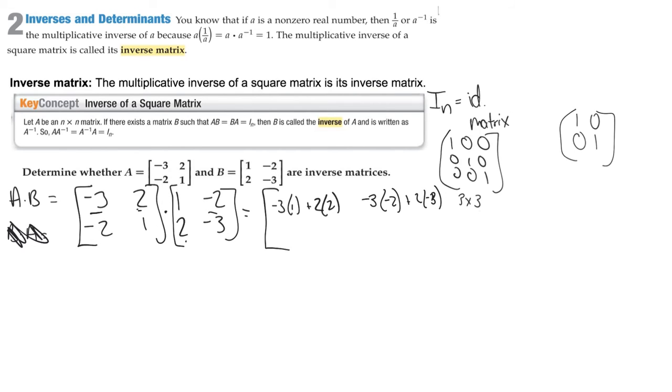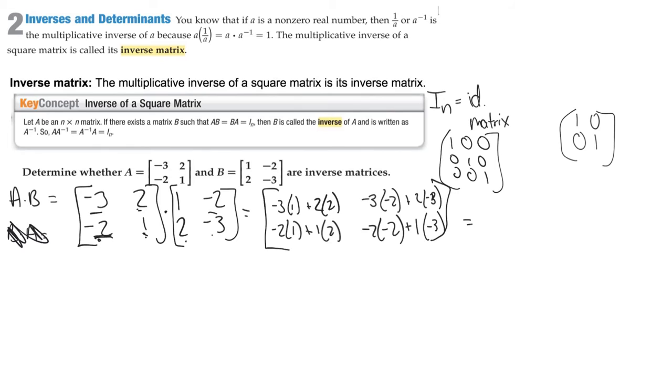And that covers our top. Now the bottom row, negative 2 times 1 plus 1 times 2. And then negative 2 times negative 2 plus 1 times negative 3. Now I just need to simplify. I'm just going to keep moving this over to the right-hand side.